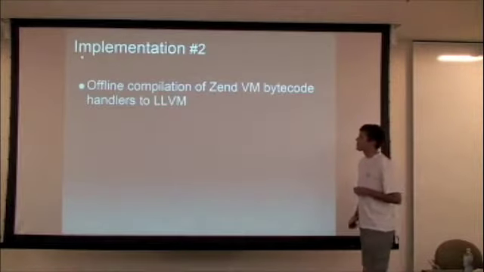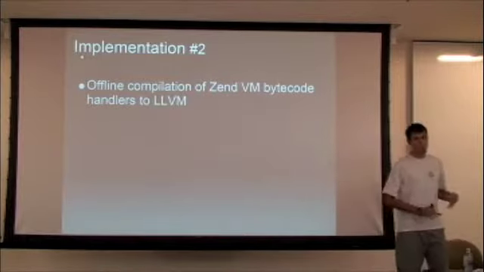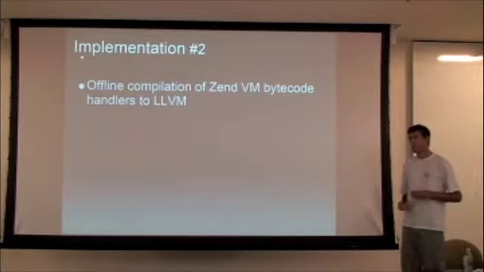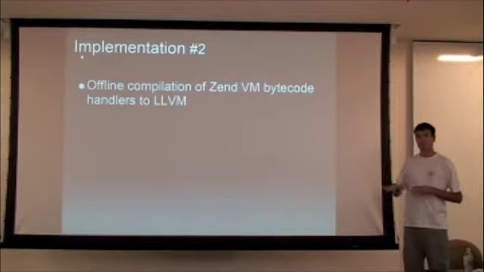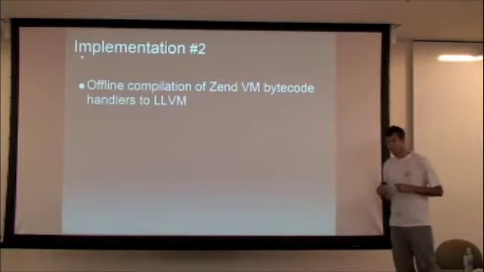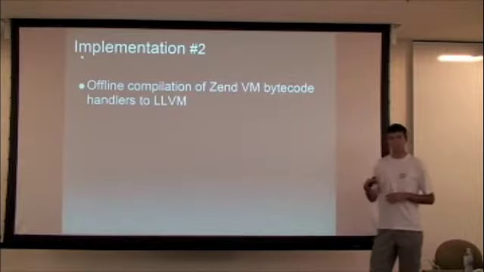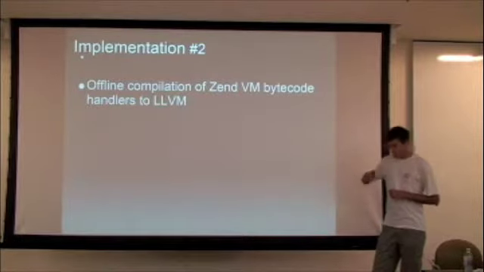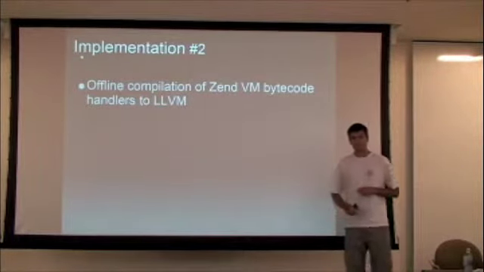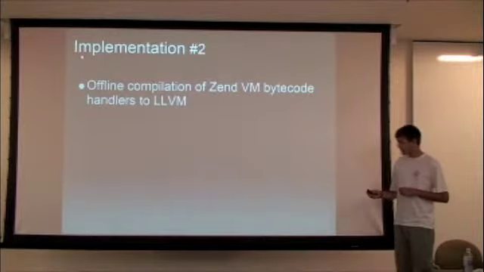Okay, so how does this really work? Offline, when you install the extension, we compile the bytecode handlers to LLVM bitcode and then optimize it. Every single bytecode handler is compiled to a big LLVM file. This file is about 2 megabytes, and we load this file at runtime.